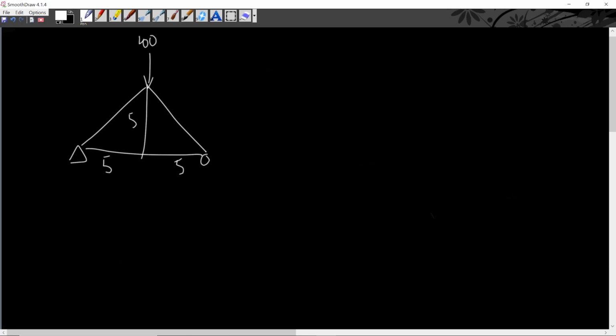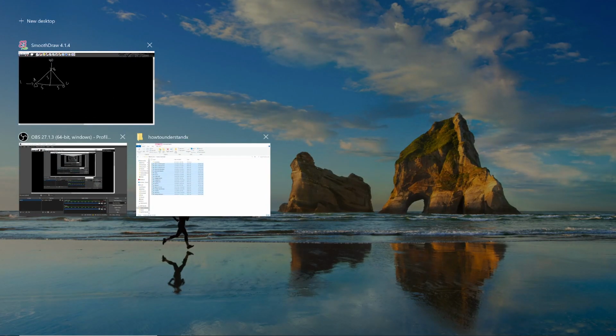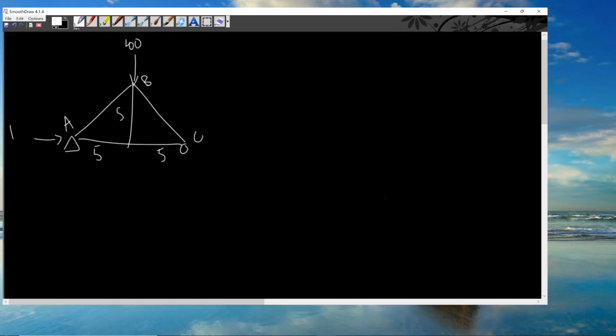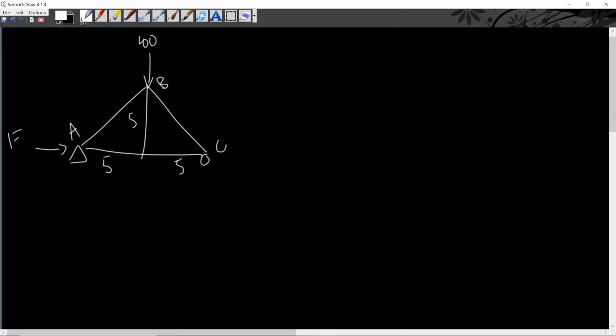So at this pin support, we have a force in the x direction. Let's actually label all of our joints. We have A, B, C. So we have F, FAX, not fax.